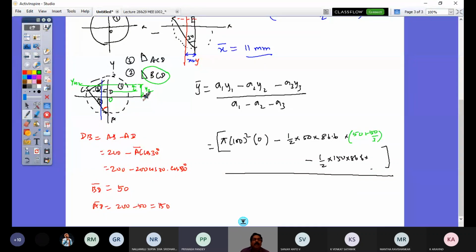Now take triangle ACD. 50 minus. ACD, what is your base? Base is CD. Yes, sir. So 1/3 from there. 1/3 of AD.